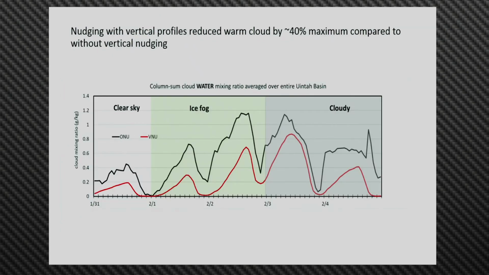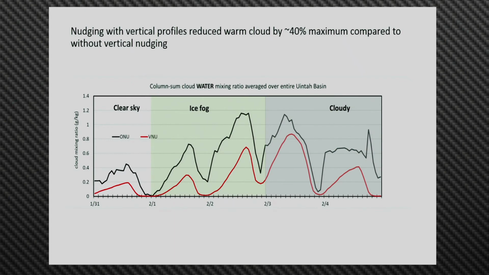We want to utilize the advantages of surface nudging, but we want to avoid overestimation of warm clouds so that we have enough shortwave radiation for the reactions in the chemistry model. So at the second stage, we apply not just nudging of the data at the surface into the model, but we also use the vertical profile data that people collected during the same episode.